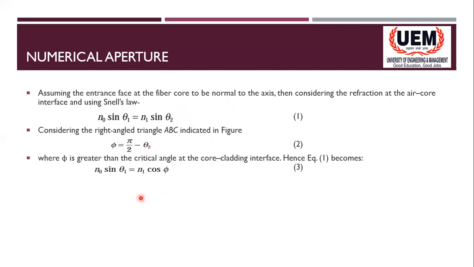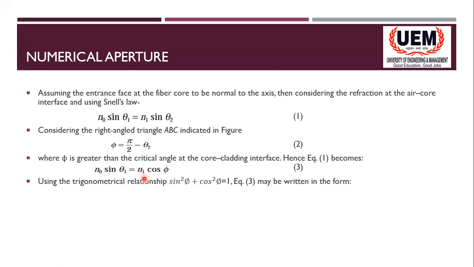So equation 1 becomes in the form of n1 cos phi. So what we are getting is the acceptance angle and the critical angle, along with the air interface refractive index and the core refractive index.